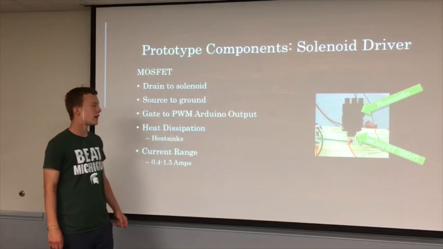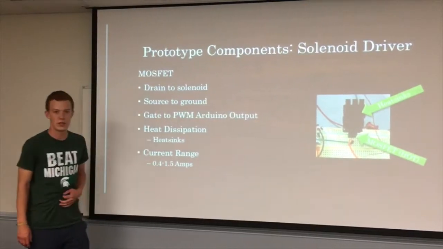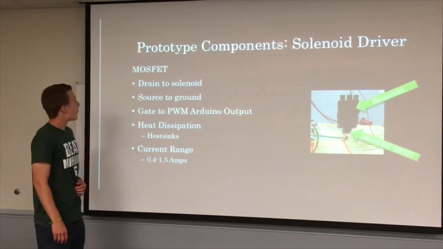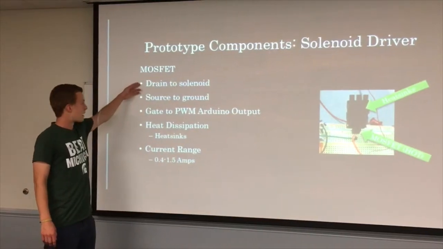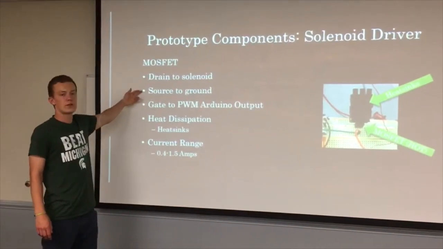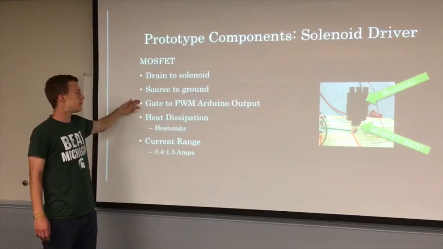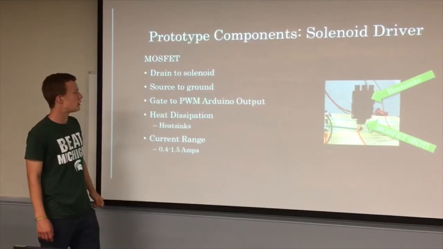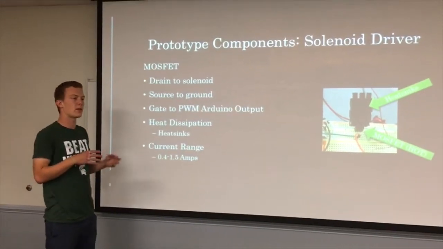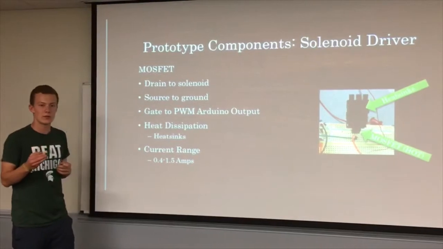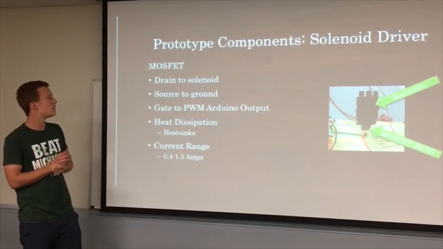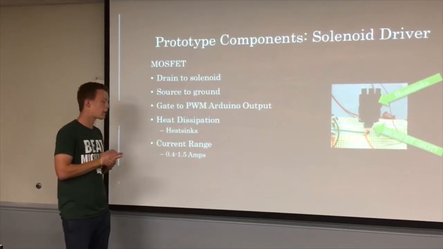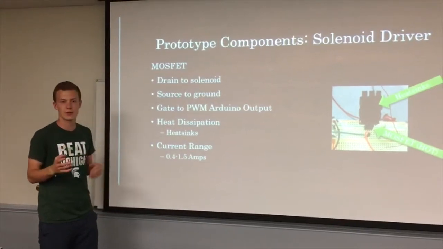All right, the solenoid driver is just a regular MOSFET that we connected like this: drain to the solenoid, source to ground, gate to the PWM Arduino output. So depending on what signal we send to the gate pin, we will get different current running through the solenoid.